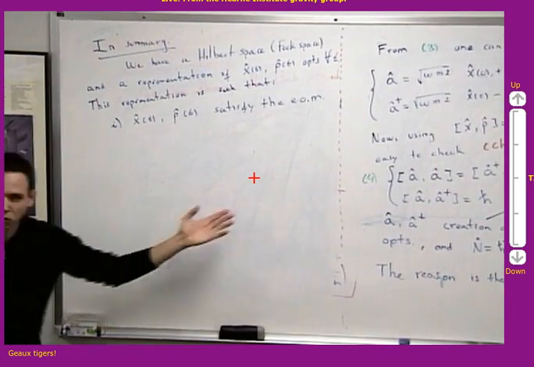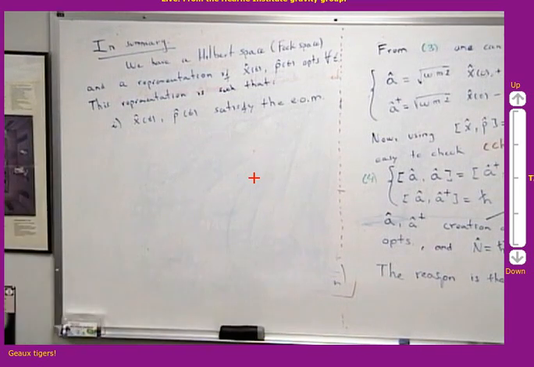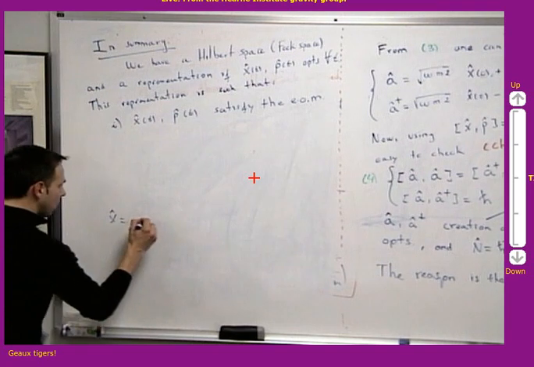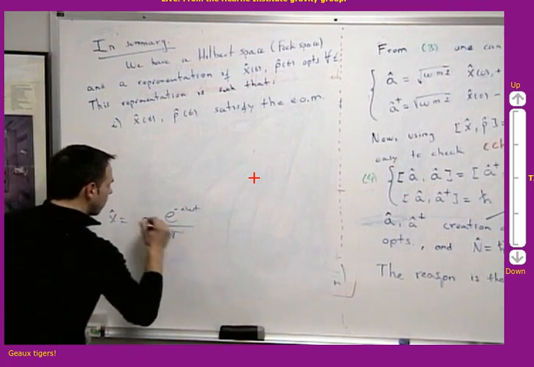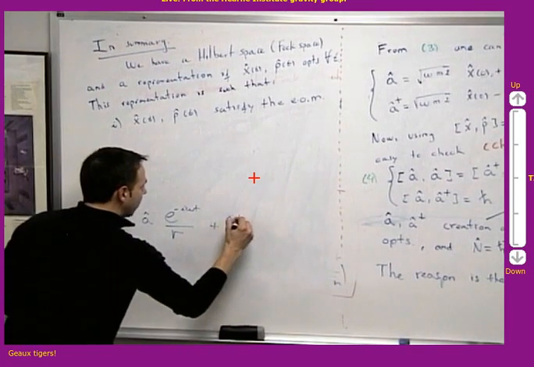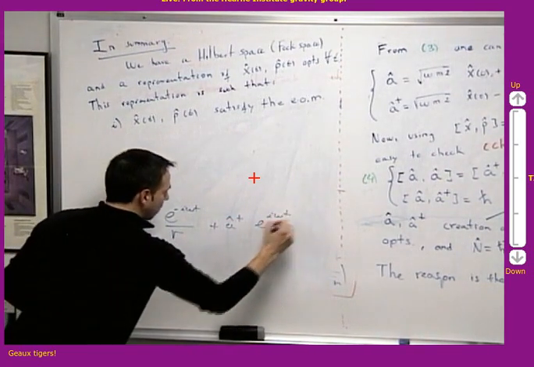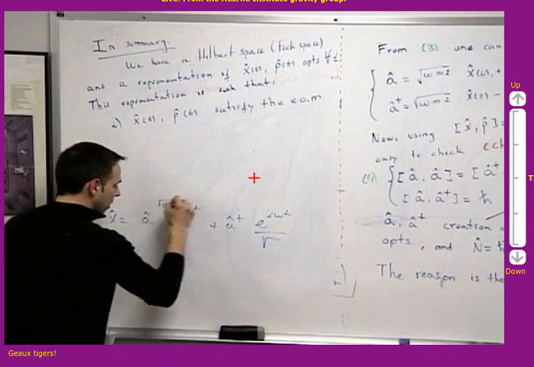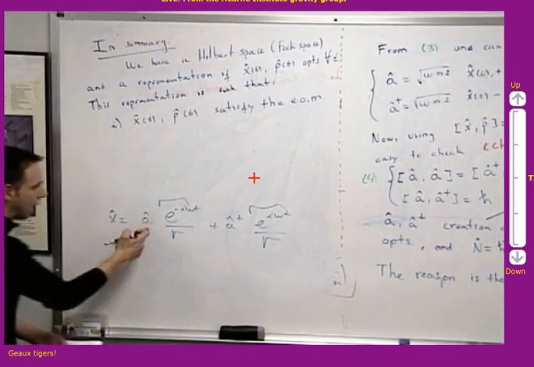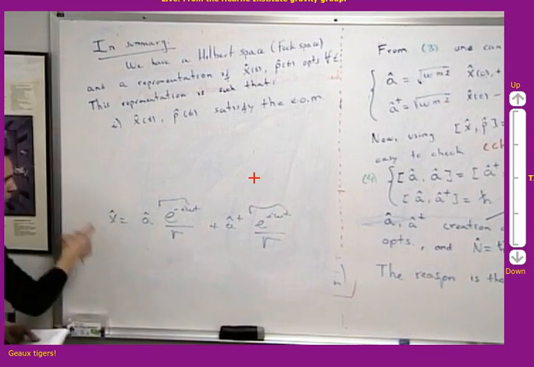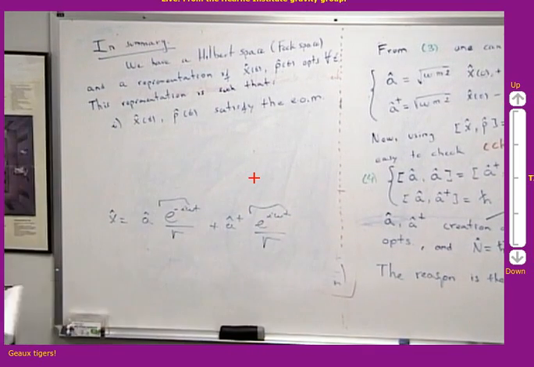So any combination of solutions is always a solution. Remember that I was writing x as a exponential with the root square plus a dagger exponential. So this was a basis of the space of solutions, so this will be also a solution because these guys are time independent. So if you plug this in the equation of motion, this will be satisfied trivially. So our representation satisfies the equation of motion.